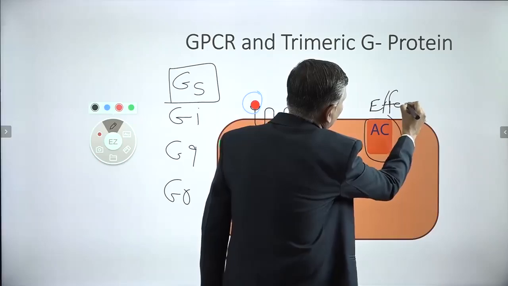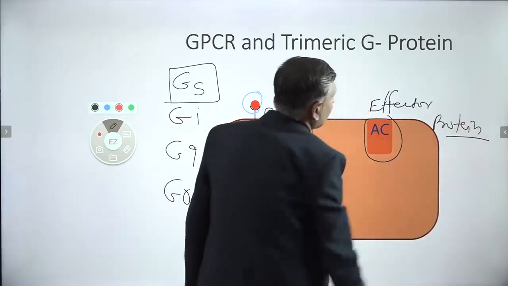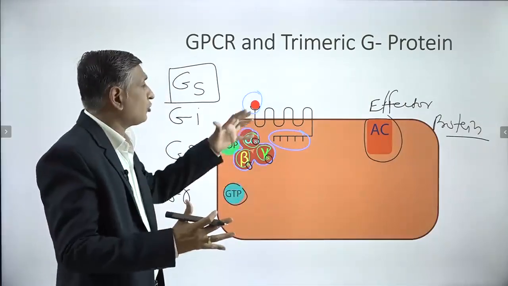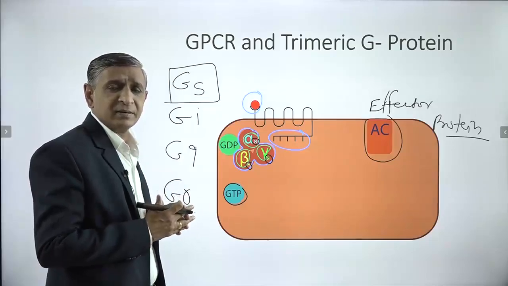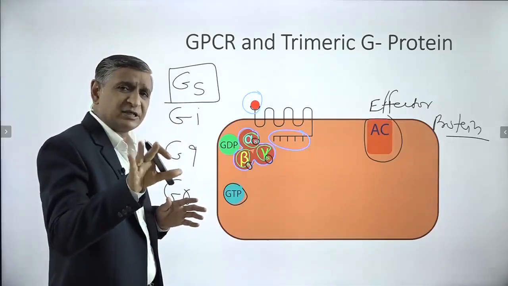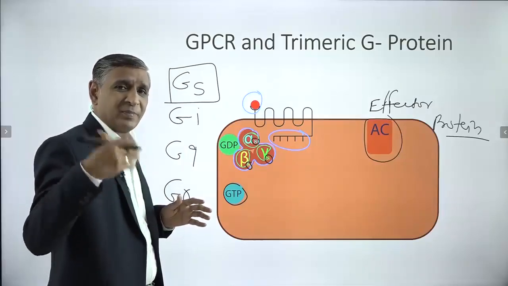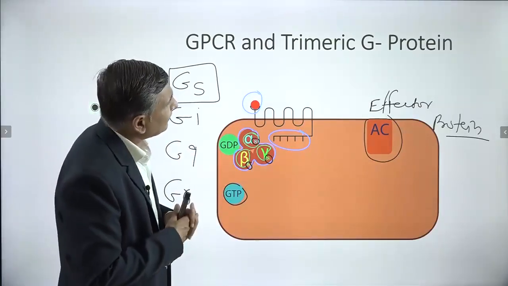This is known as effector protein. This is the important part. These are, you can say, the components of this GPCR type of receptor.